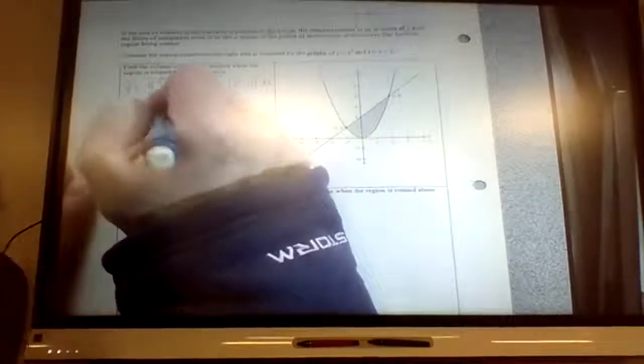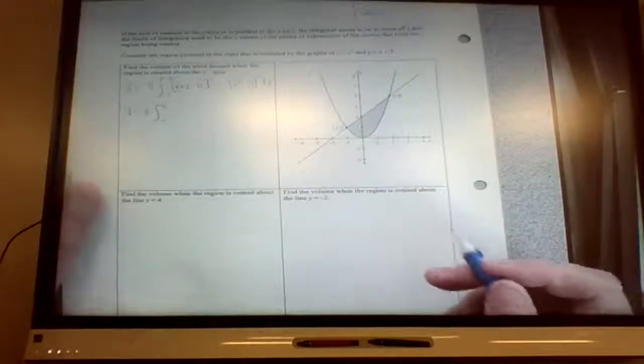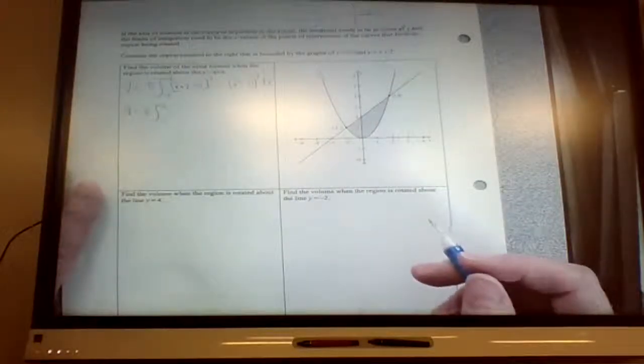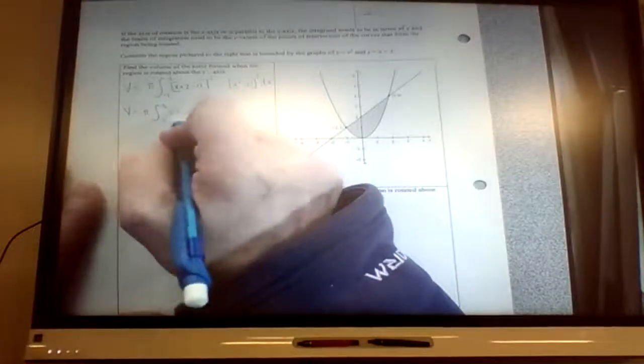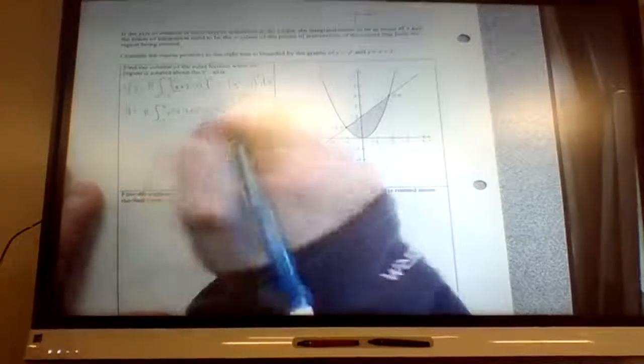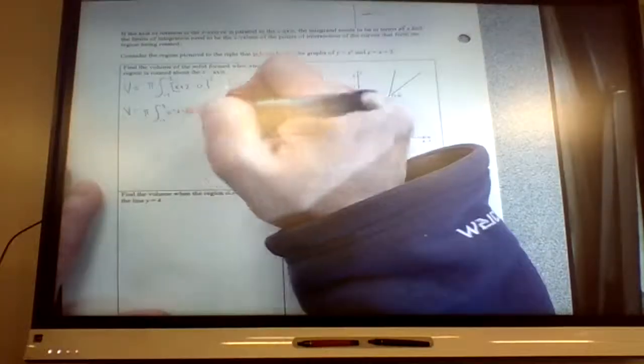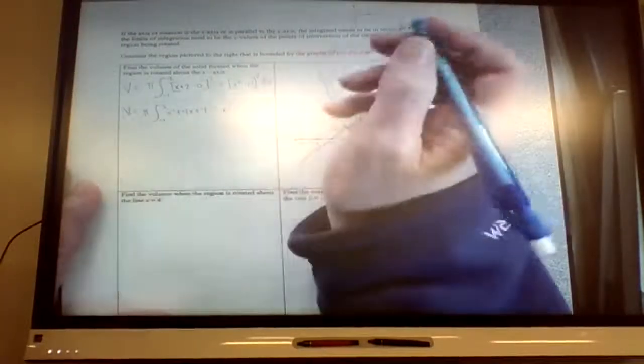Okay, so that means this is going to be x squared plus 4x plus 4 minus x to the 4th, dx.